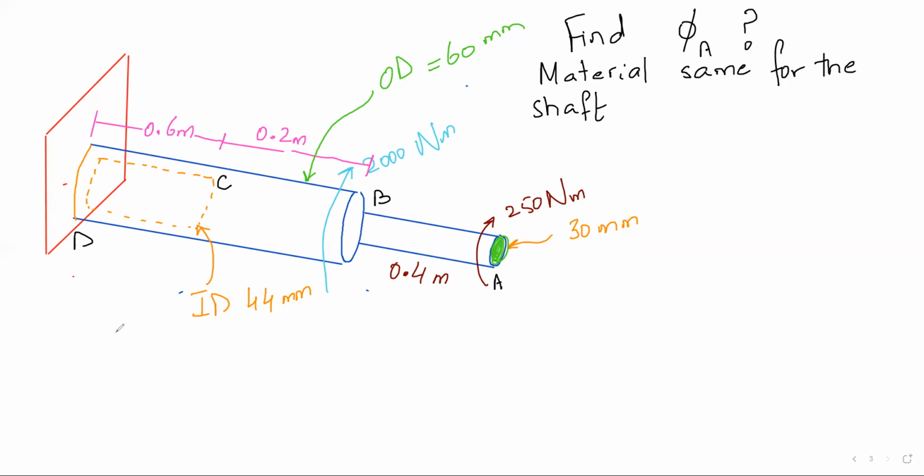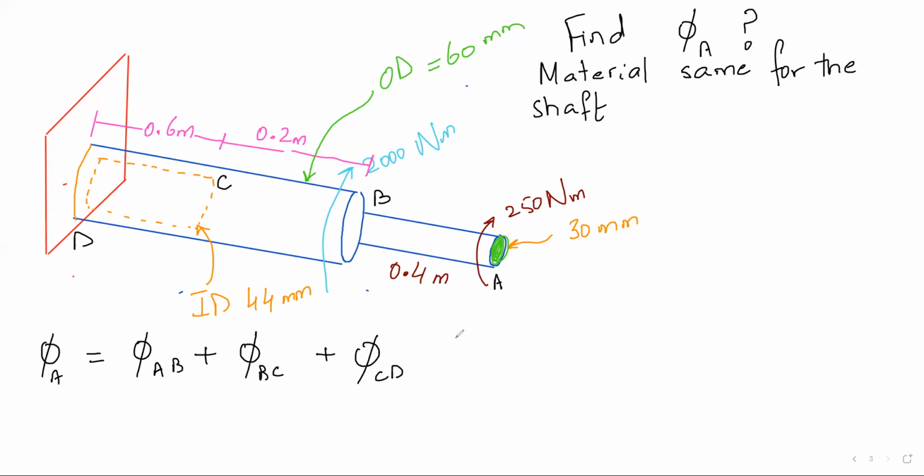So I will write the first equation: phi A equal to phi AB plus phi BC plus phi CD. Okay, that's it. Now all you have to do is finish this.